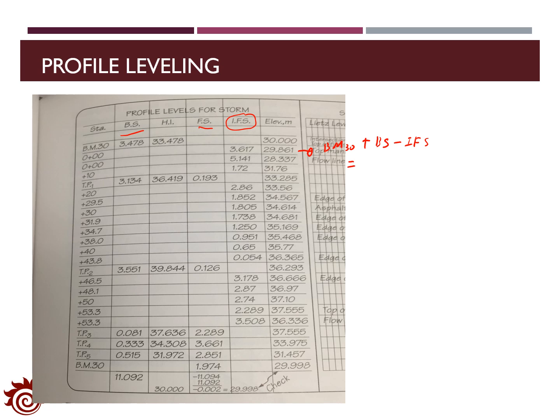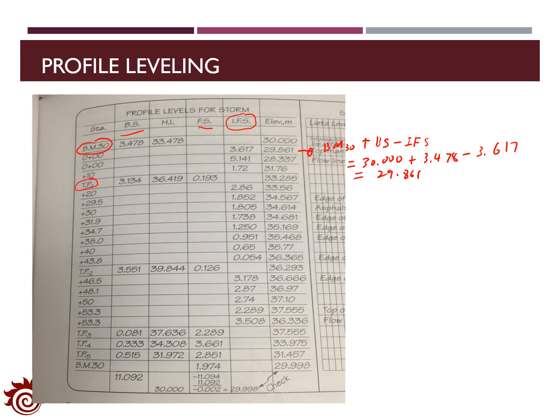In this case, that will be 30 meters plus 3.478 meters minus 3.617 meters, which will give you the value 29.861. So that's for all the intermediate points between benchmark 30 and turning point 1.